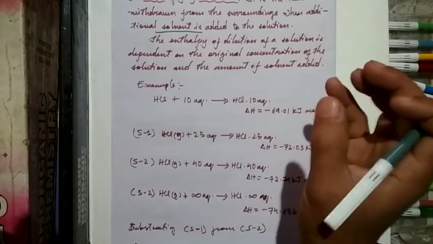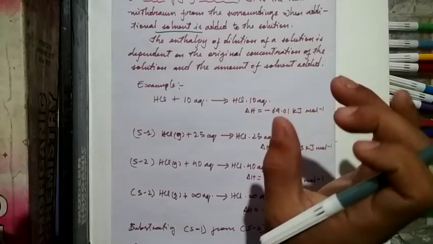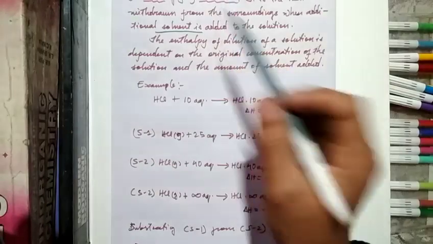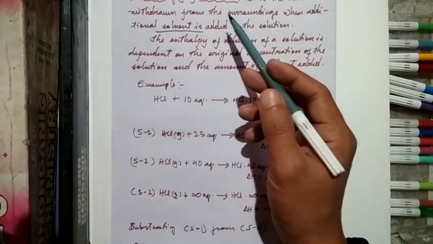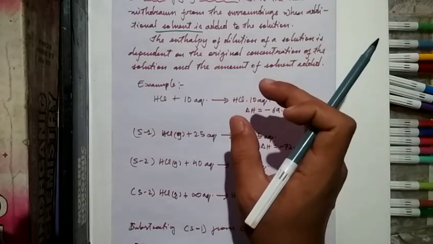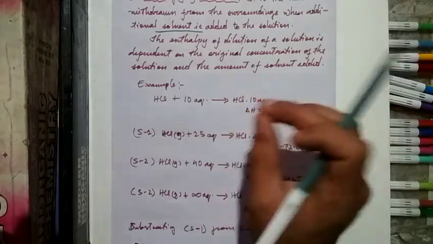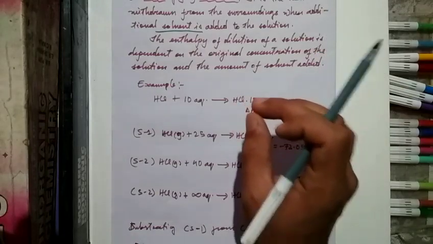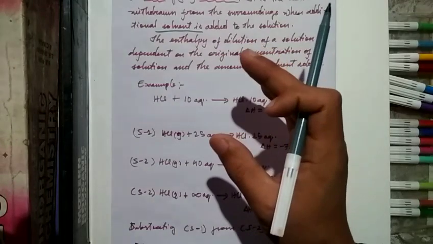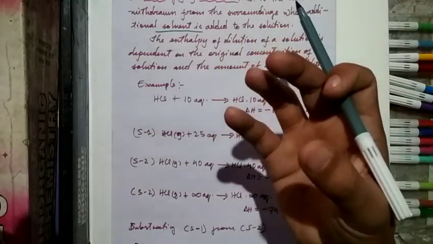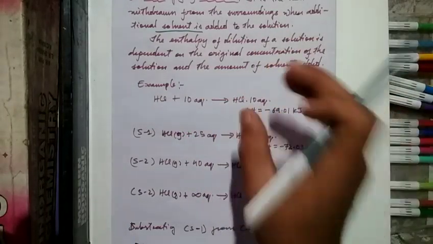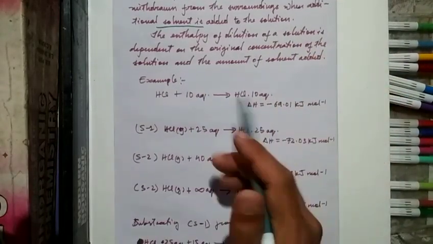So when we add solvent, the heat involved or the enthalpy change will be the enthalpy of dilution. Dilution means we add more solvent to any acid. If we add more solvent to this acid, it will lose its acidic strength also, but here we are going to check the energy, the enthalpy change.